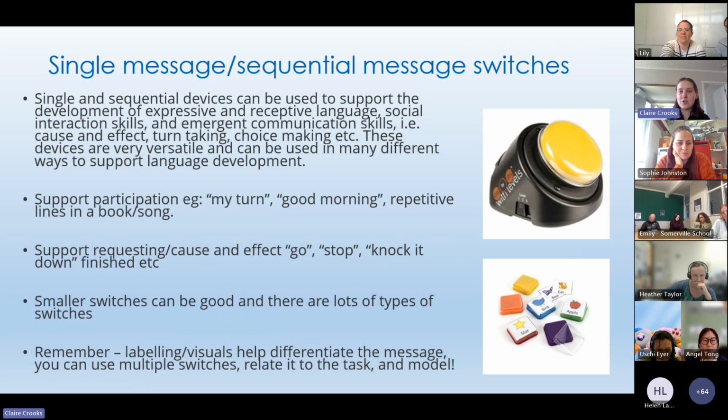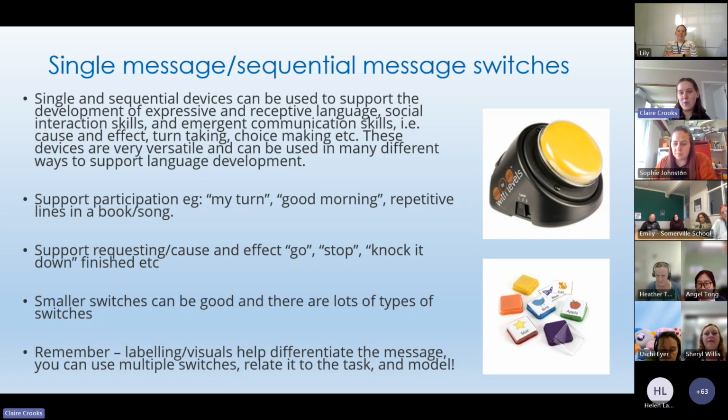Single message or sequential message switches can be used in all sorts of different ways, which are really nice, really helpful for our emergent communicators and to increase participation in environments as well, whether it's learning cause and effect, turn taking or choice making. How you use the switch, what visual you put on, what message you record will really change that.